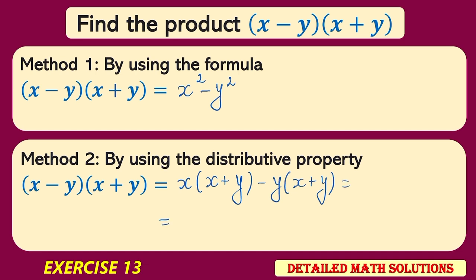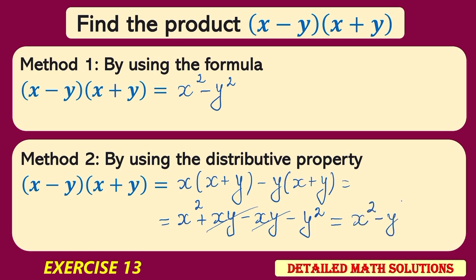When I open parentheses and multiply x by each term within the parentheses, and then negative y with each term within the parentheses, I get x squared plus xy minus xy minus y squared. Now, xy and minus xy are the same term with opposite signs. Therefore, their sum equals 0 and they cancel out. This way, this equals x squared minus y squared.